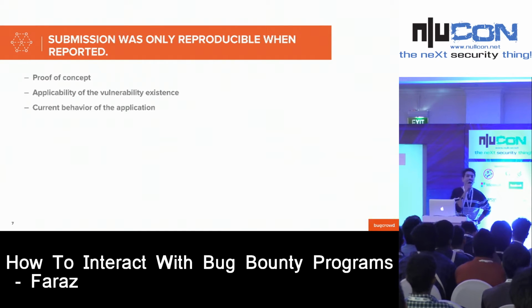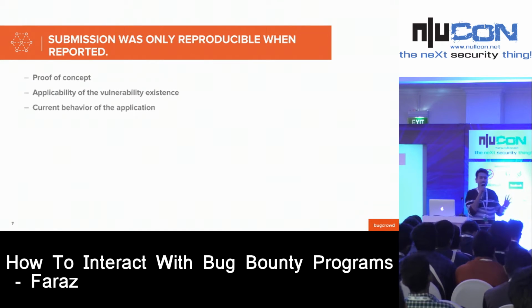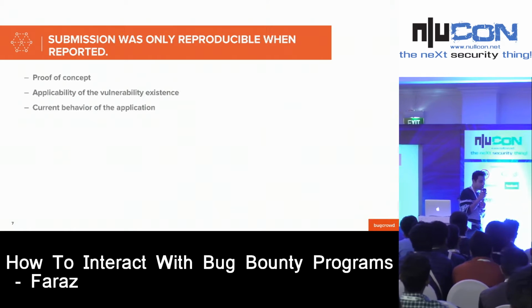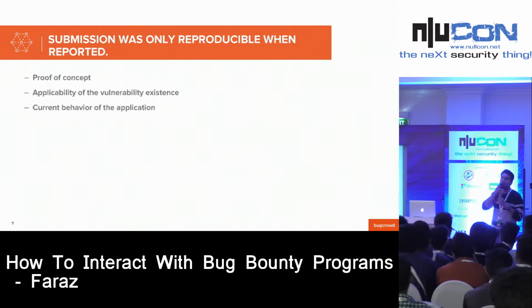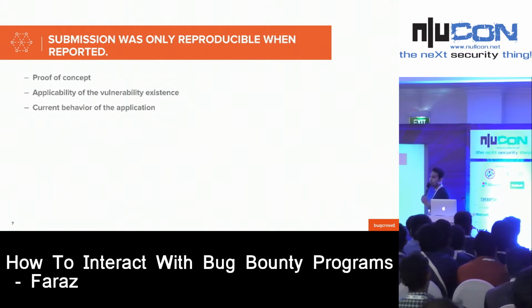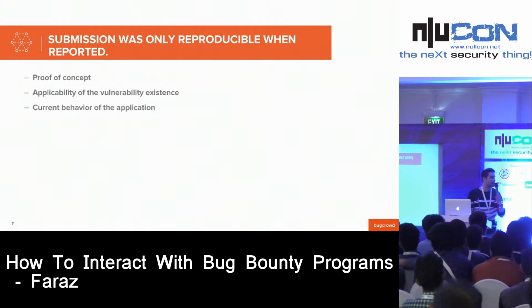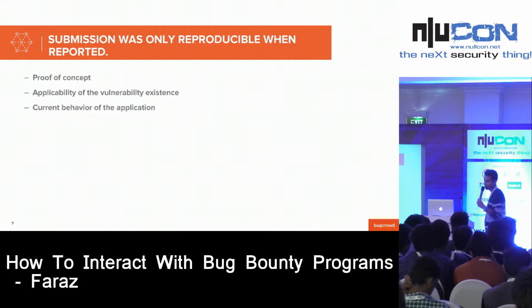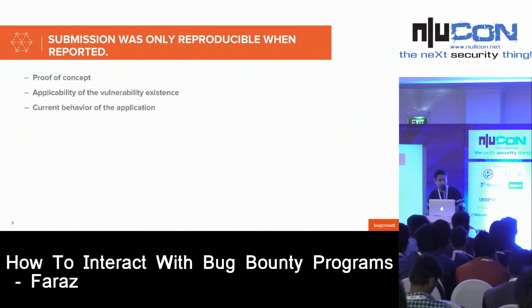Any video POC, any screenshot, like something which can prove it was there. When you are submitting a submission, if you have time for that, just go ahead and make a video POC. If not a video POC, at least screenshots which can prove that your bug was there initially.